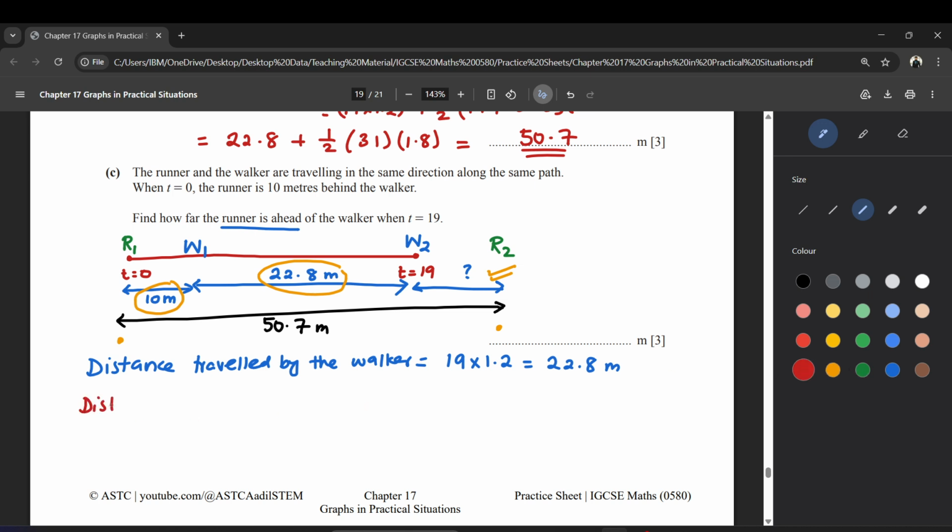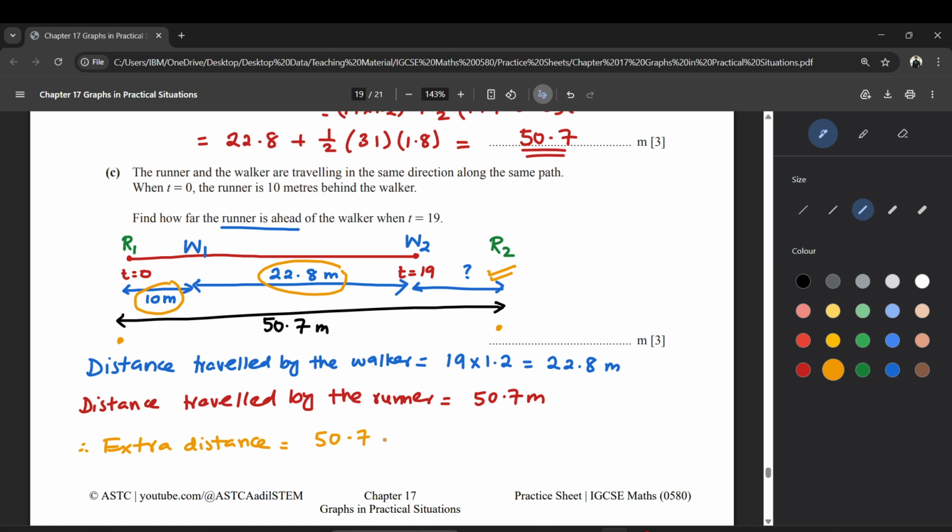Distance traveled by the runner is equal to 50.7 meters. So therefore, extra distance equals 50.7 minus 10 minus 22.8.